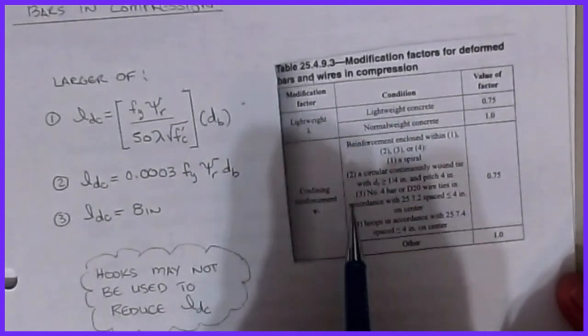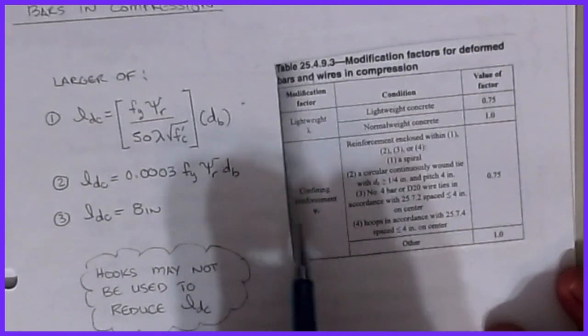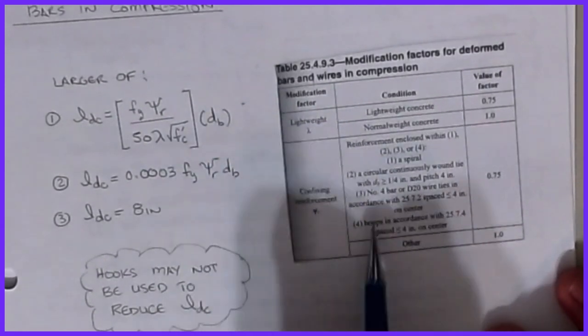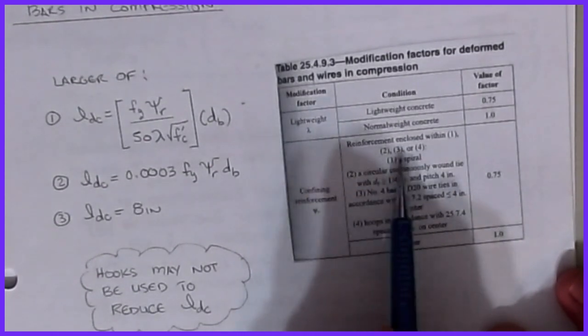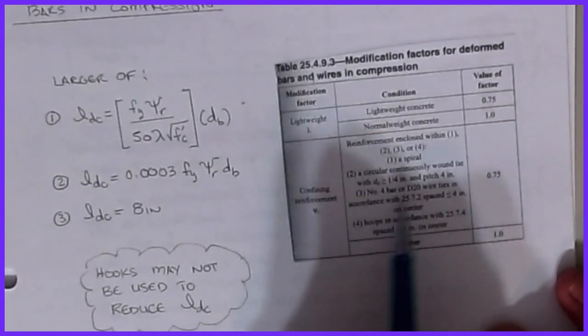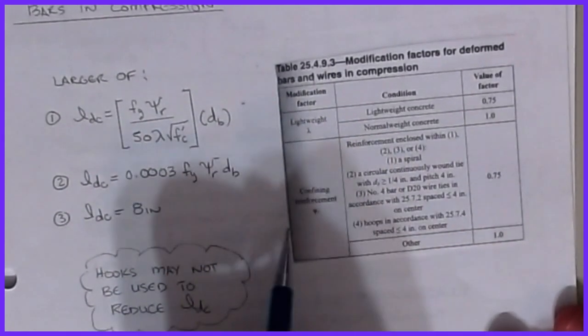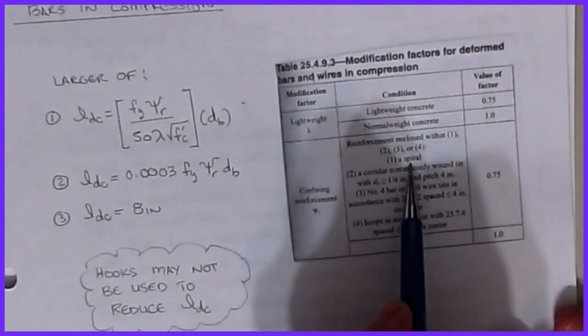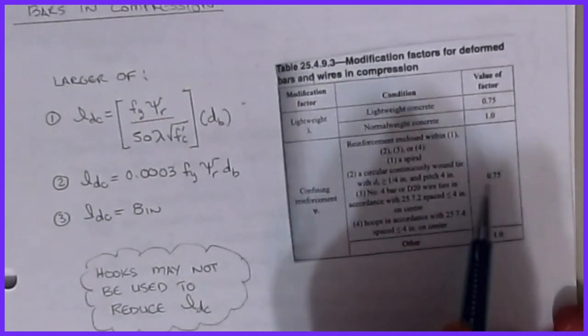Do I have stirrups within the space or a spiral? I have reinforcement enclosed within 1, 2, 3, or 4, where 1 is a spiral, and they define what that criteria is. If you're enclosed in a spiral, you get a 0.75 psi r value.